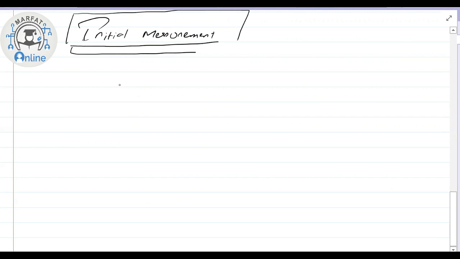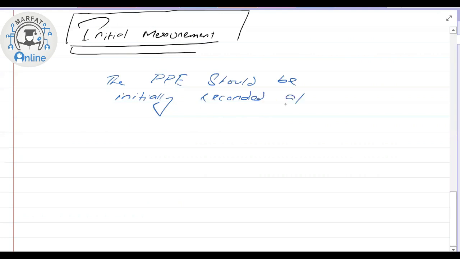When we are recording the asset in the books for the first time, at what value should it be recorded? So the PPE should initially be recorded at cost. PPE should initially be recorded in the books at cost.